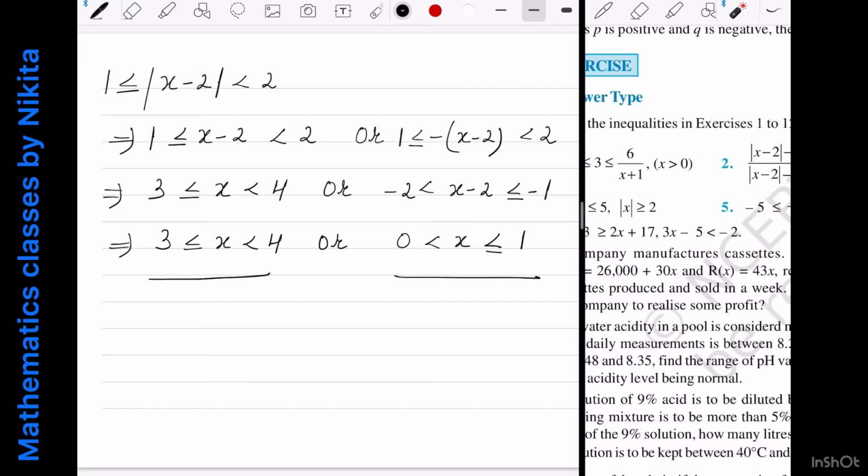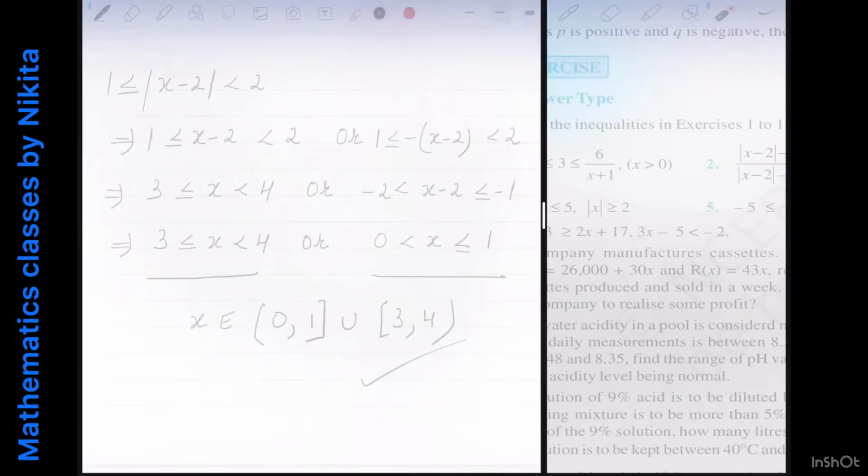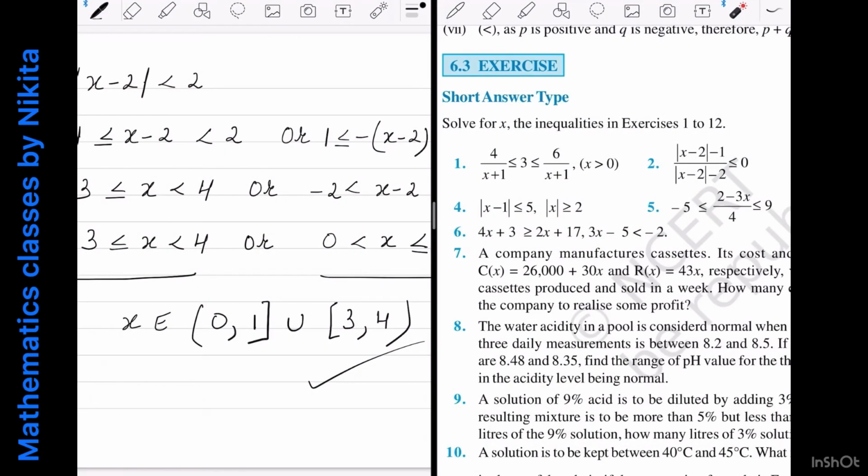And this can be combined as that x belongs to open interval 0 closed from 1 union closed from 3 and open from 4. So this is the solution set, that all those x coming from the union of these two intervals will satisfy the inequality as given in question number 2.